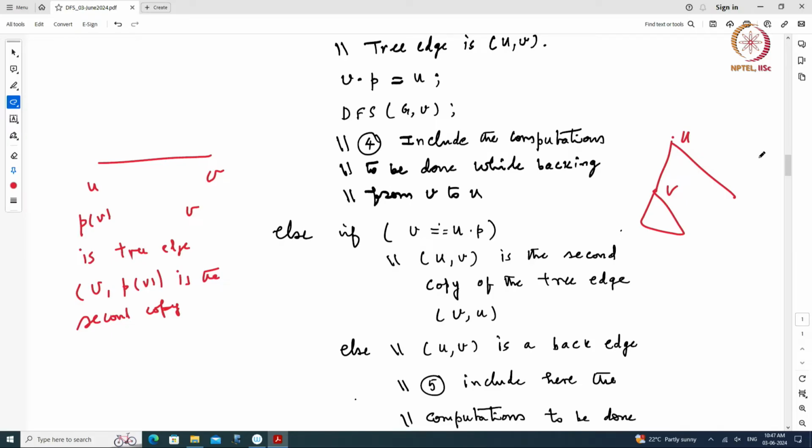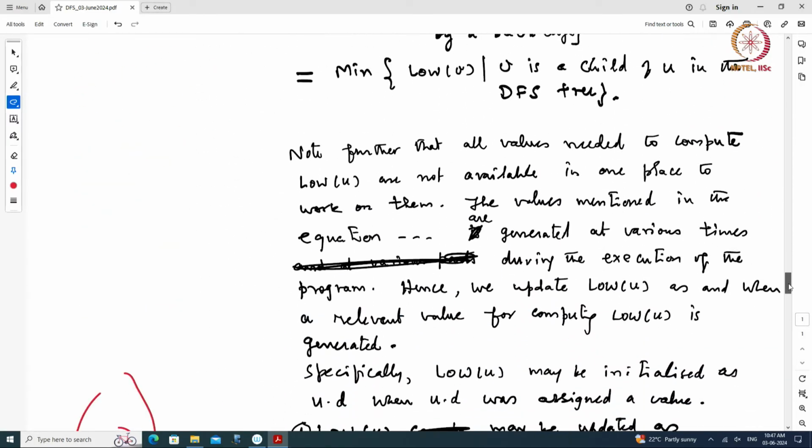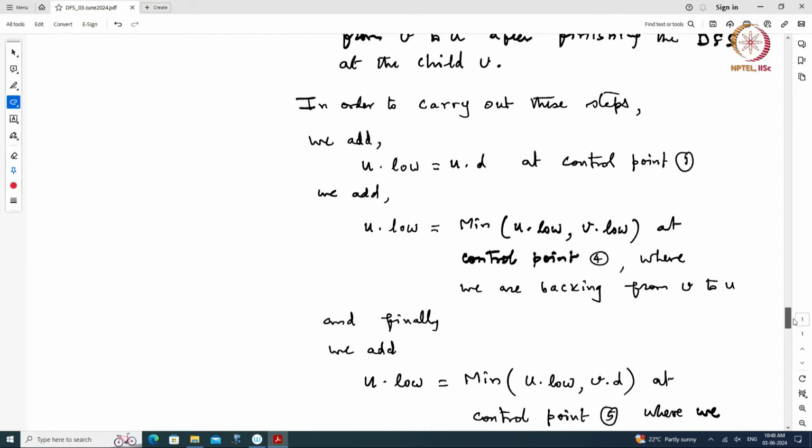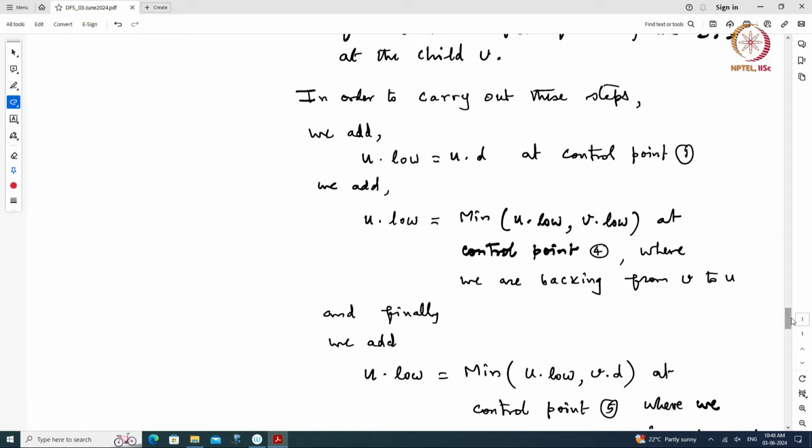While backing from v to u, you are updating the low of u by finding the minimum. That is what is done here. Therefore, this must be added at control point 4, and when there is a back edge, we have seen u dot low is the minimum of u dot low and v dot d, and this must be inserted at control point 5, because control point 5 is where the computation related to back edges is to be done. So, this is the step that you have to add at control point 5.